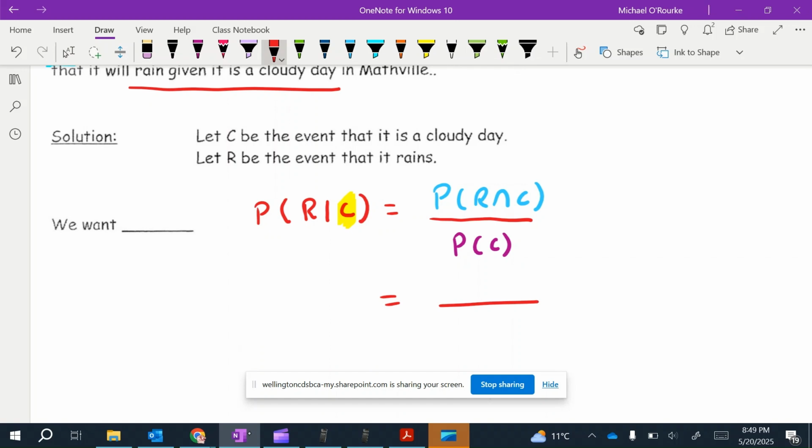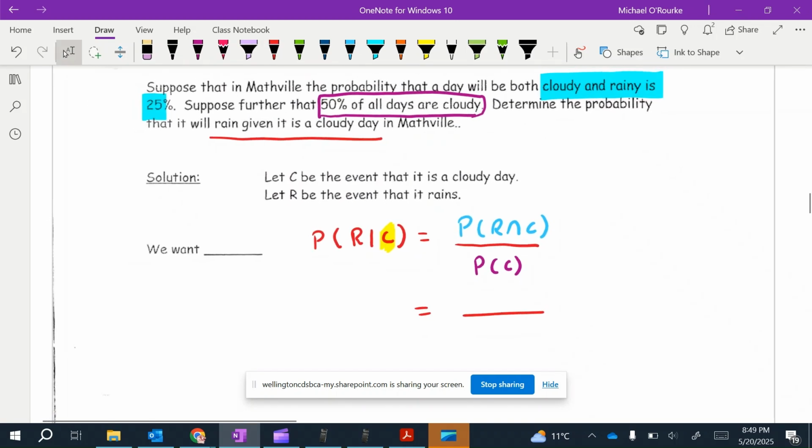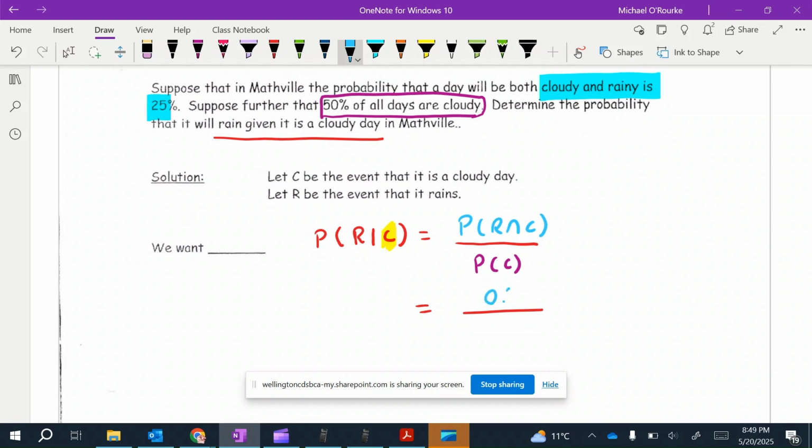So the probability it is cloudy and rainy is 0.25, and the probability that it is cloudy is 0.5. The answer here is 0.25 divided by 0.5, which is 0.5, or 50%.